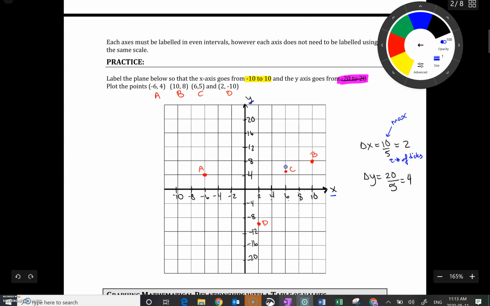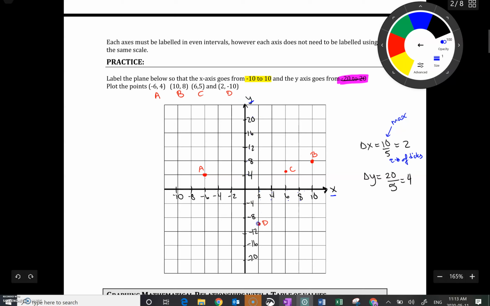So 6 would be at the midway point, and so 5 would be located a quarter of the way up. Similarly, to locate point D, the x value was 2, the y value was negative 10. Negative 10 is located halfway between negative 8 and negative 12.